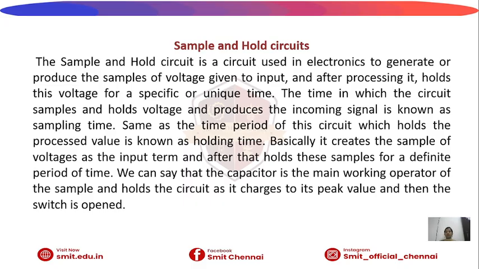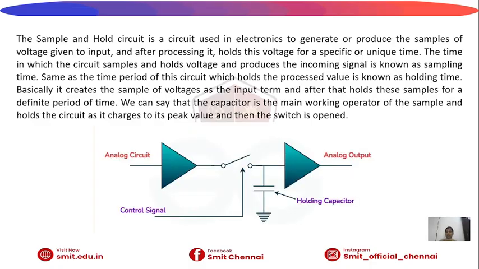Okay. So here I gave the diagram. This is a sample circuit. This is the analog signal. This is the controller signal. If it is closed, the analog signal goes directly to the analog output.